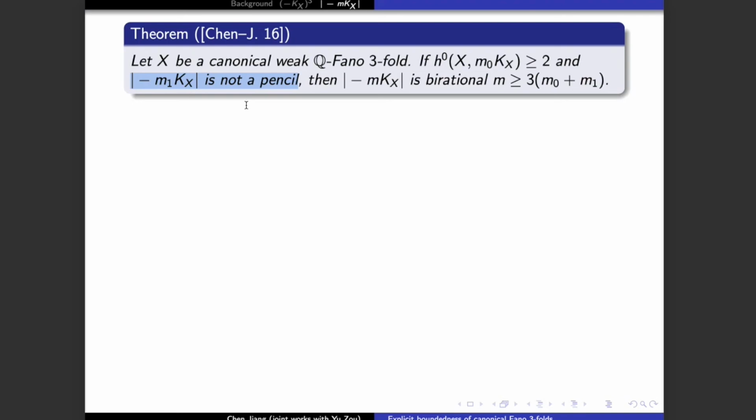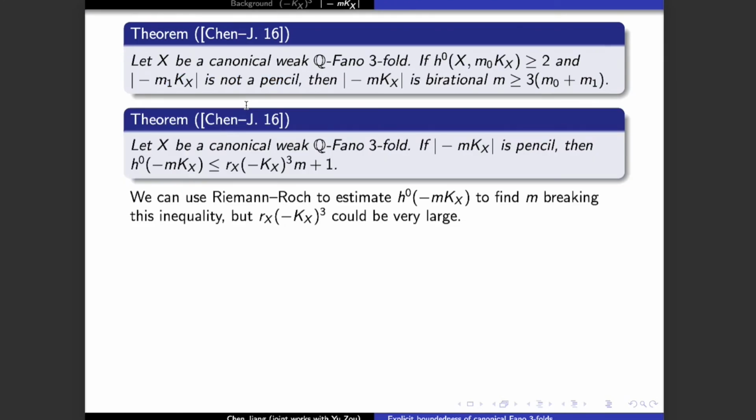Okay, so then let me recall what we used to detect it in the old paper of Mengchen and myself. So we use this theorem. This is like a geometry inequality.